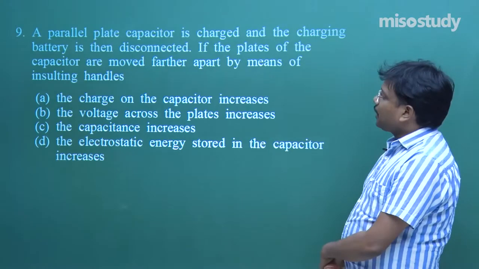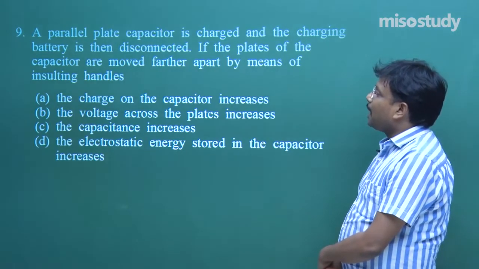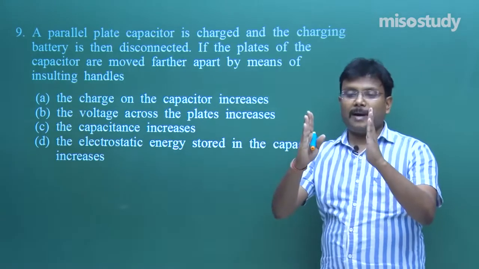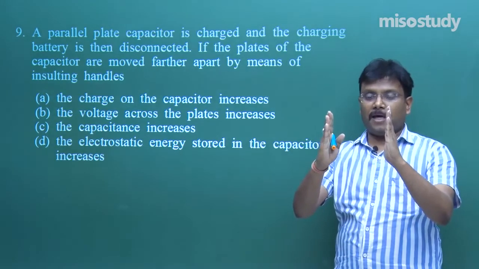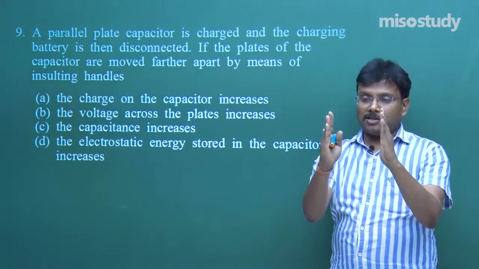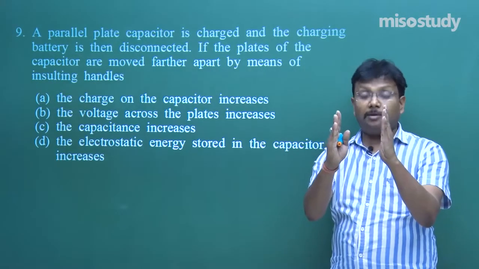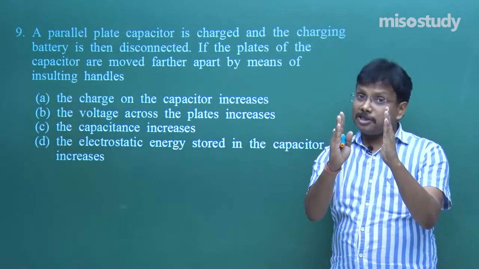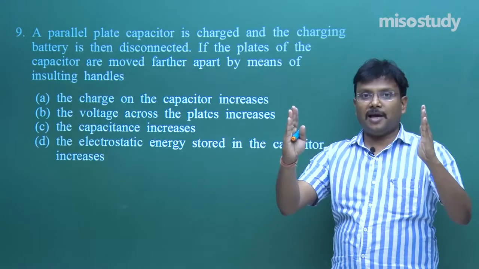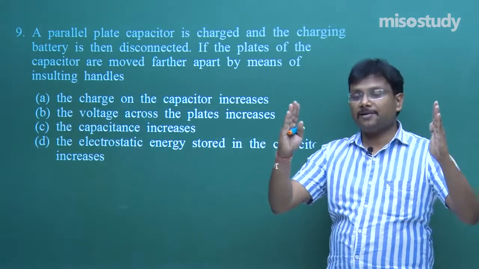If the plates of the capacitors are moved further apart by means of insulating handles. Initially, parallel plate capacitor was like this, in between dielectric is there or something and it is fully charged. Then remove the battery. Remove the battery means now potential will change but charge will remain. So now do this, enhance the distance between the plates.